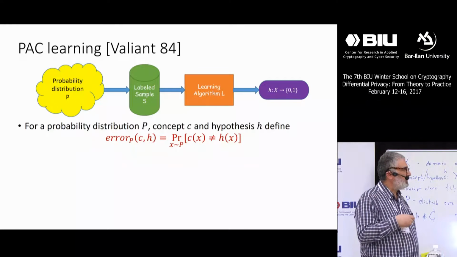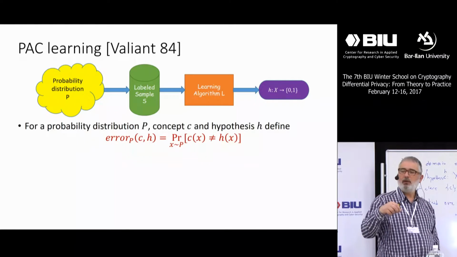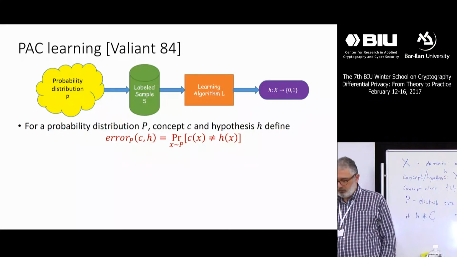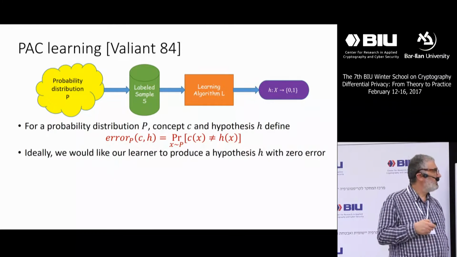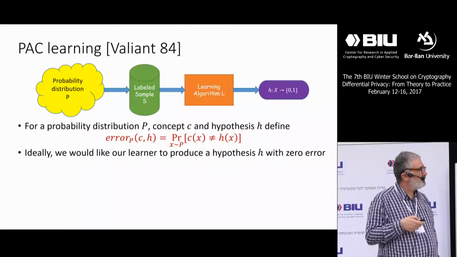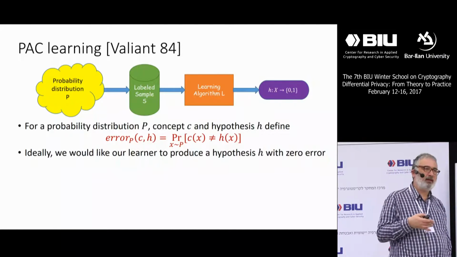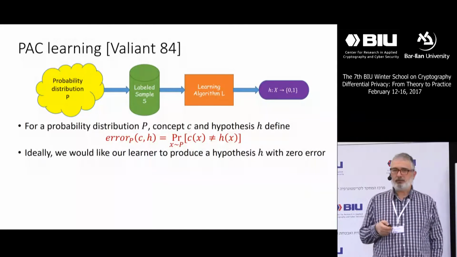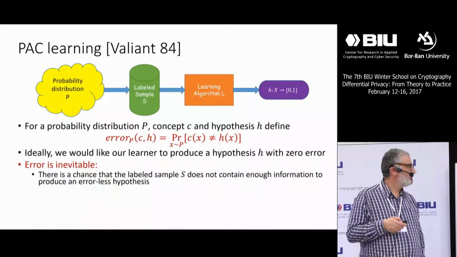So we're measuring errors, and we are weighting the errors according to the probability distribution P. Ideally, we would like this learning algorithm to find an H that is identical to C, or has zero error, but this may be too much to ask for.